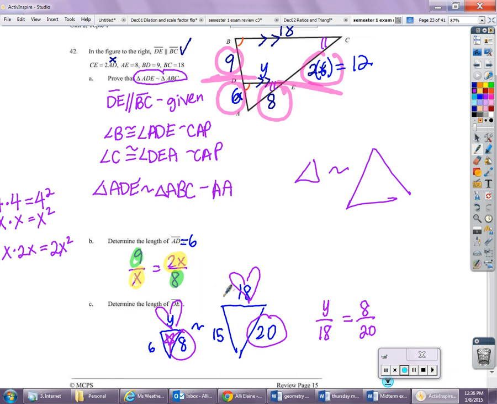So I'm going to do 18 times 8 and get 144. And then divide by the leftover 20. Divide by 20 and get that Y equals 7.2. So DE equals 7.2. Decimals are your friend. They are just fine. So there's number 42.